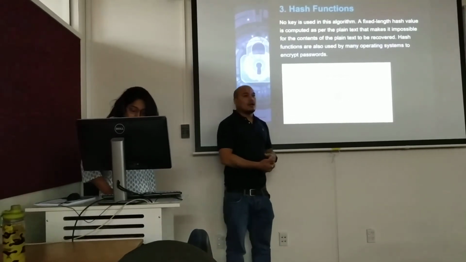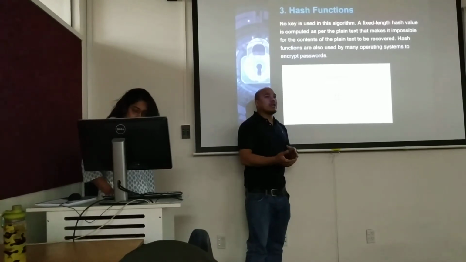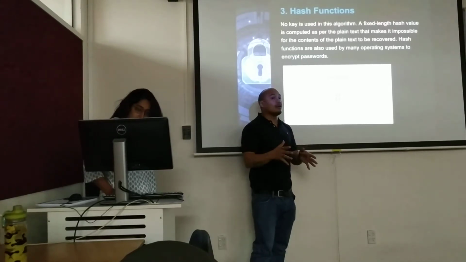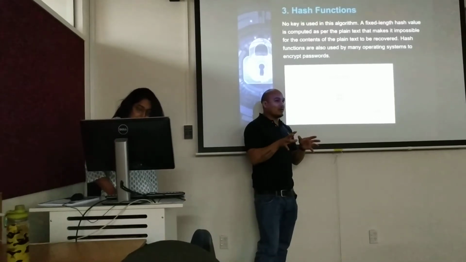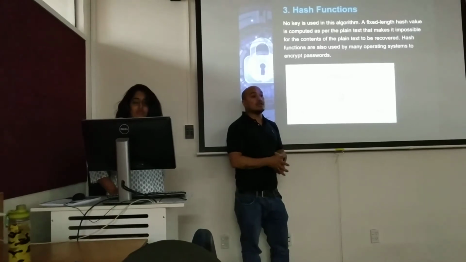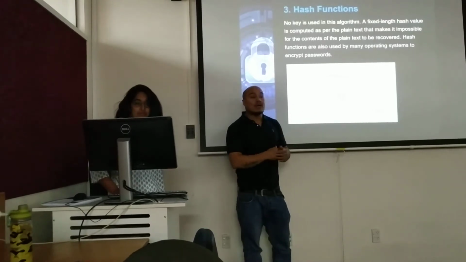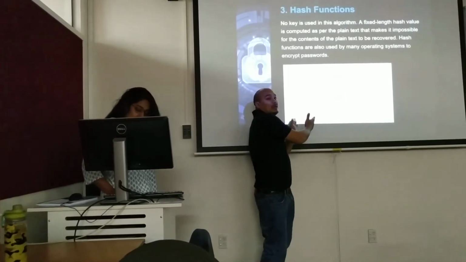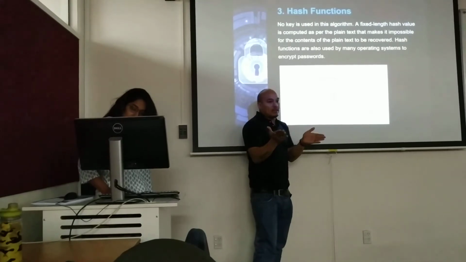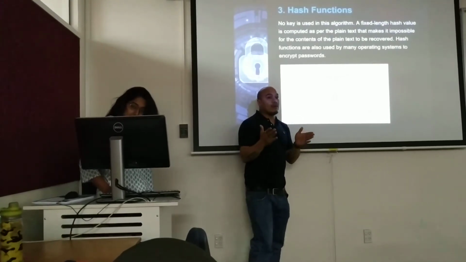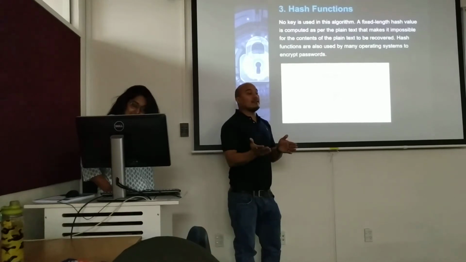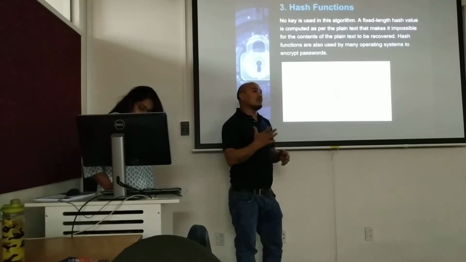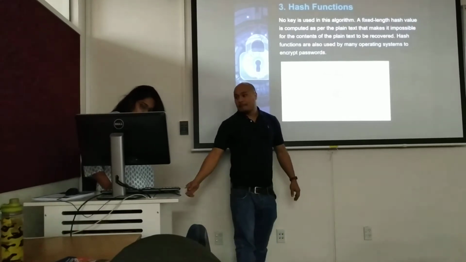Still, there are ways we can revert that back to the plain text, but that is not really called a revert, because there is not any algorithm which we can use to revert this back to plain text, but only hit and trial. So whatever the plain text would be, it would be converted into a fixed length, like we can say a 16 character length hash, and that can be tried with hit and trial. So in real meaning, it cannot be reverted back.